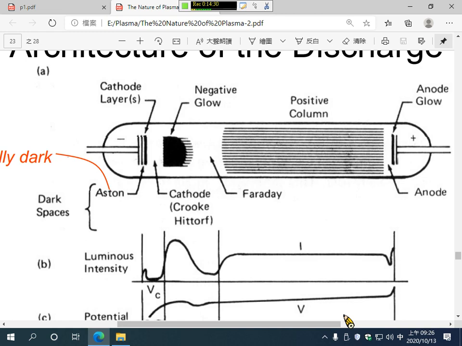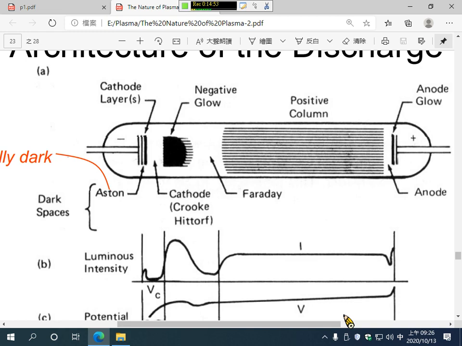But if you use an optical spectrometer, you can record the UV, visible and infrared light, so that you can get a plasma spectrum and analyze the metastable states.